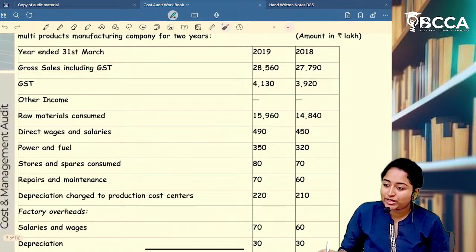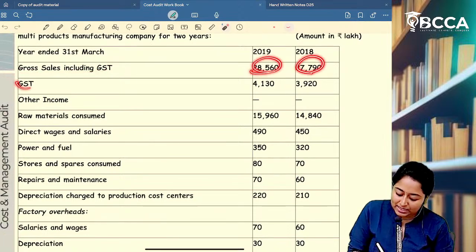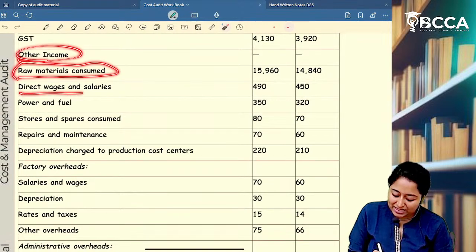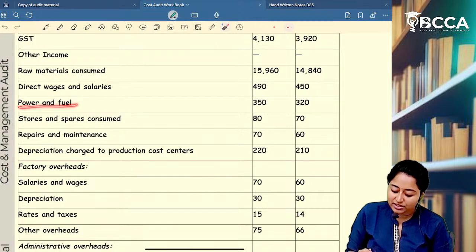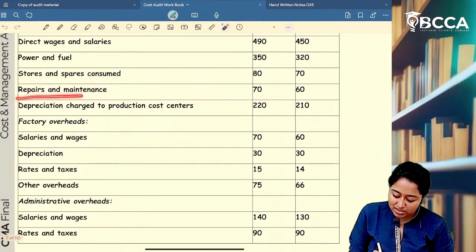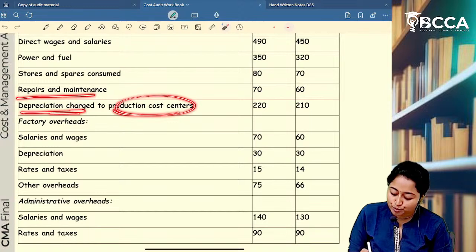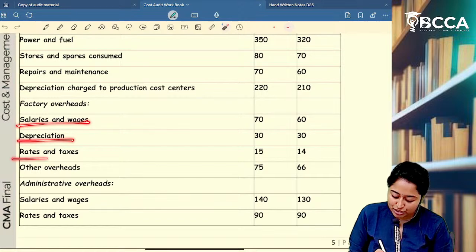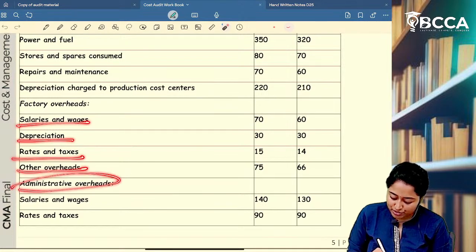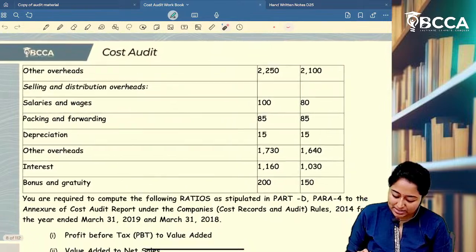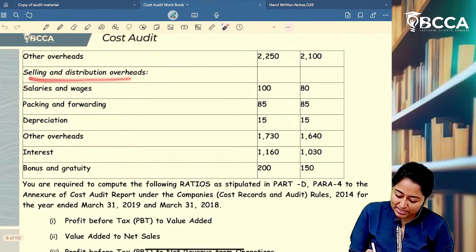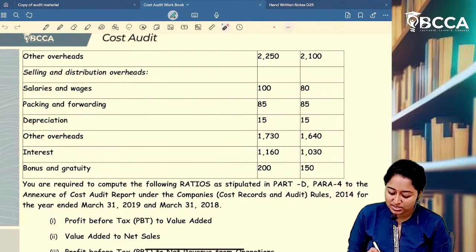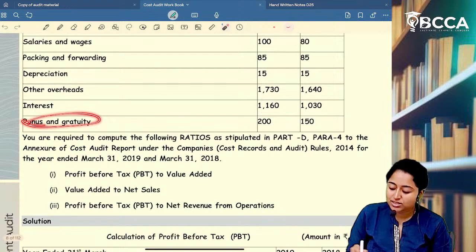Gross sales including GST is given, less GST, other income, raw materials consumed, direct wages and salaries, power and fuel, stores and spares, repairs and maintenance, depreciation charged to production cost centers, factory overheads, salaries and wages, depreciation, rates and taxes, other overheads, administrative overheads, salaries and wages, rates and taxes, other overheads, and selling and distribution overheads, salaries and wages, packing and forwarding, depreciation, other overheads, and interest. At last, bonus and gratuity.